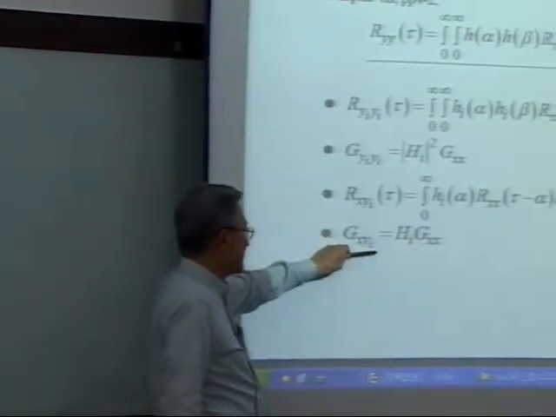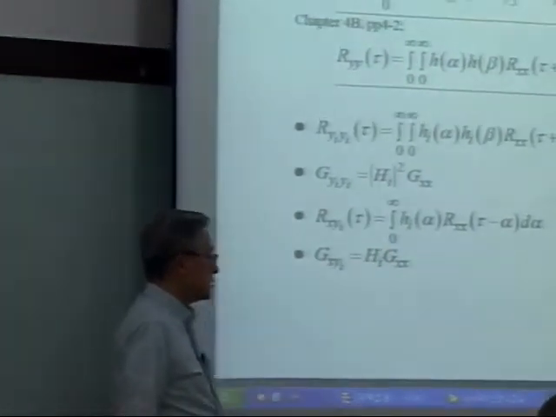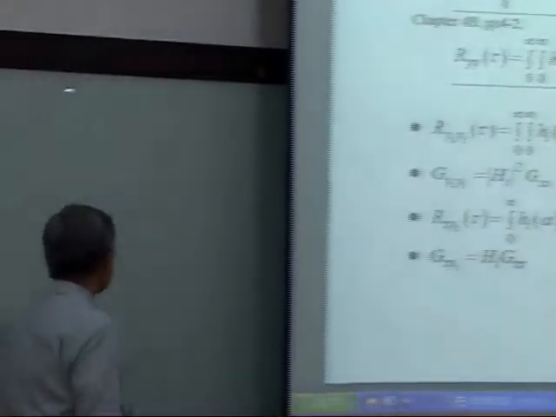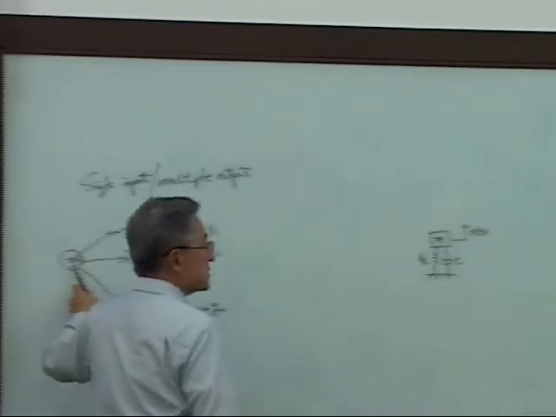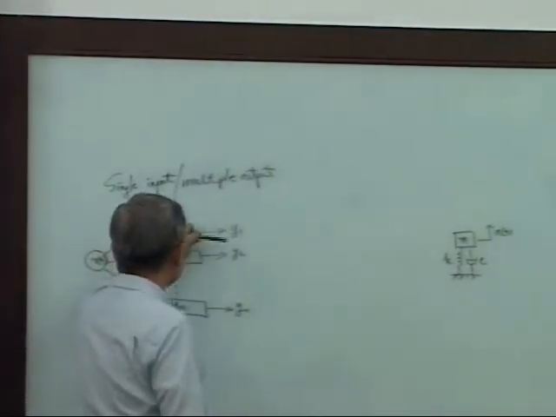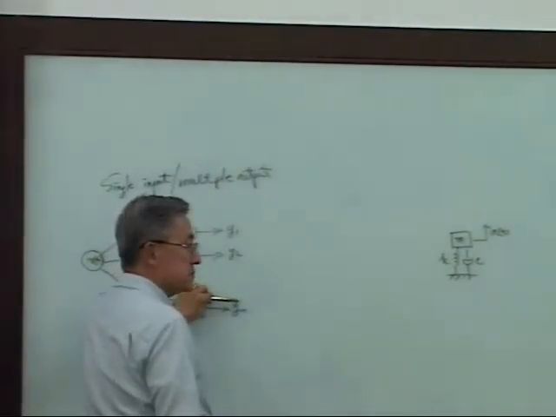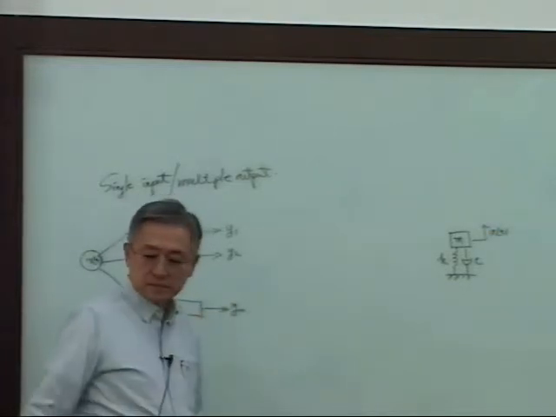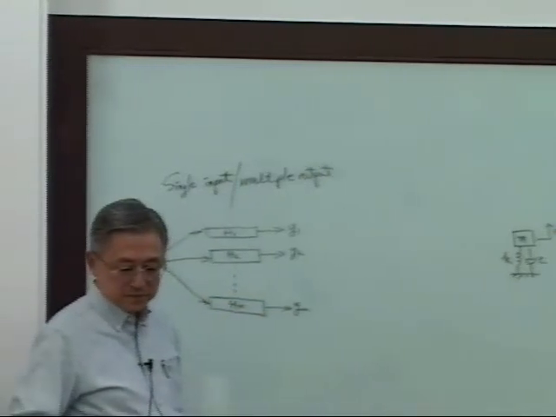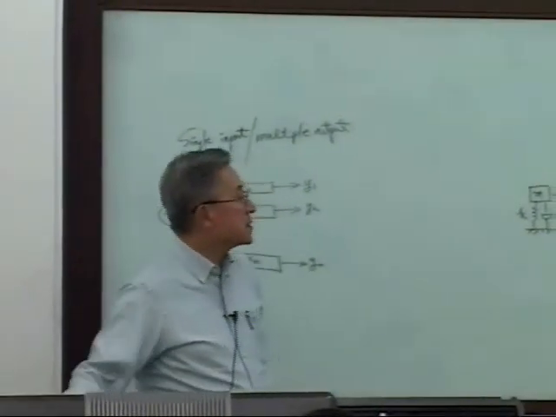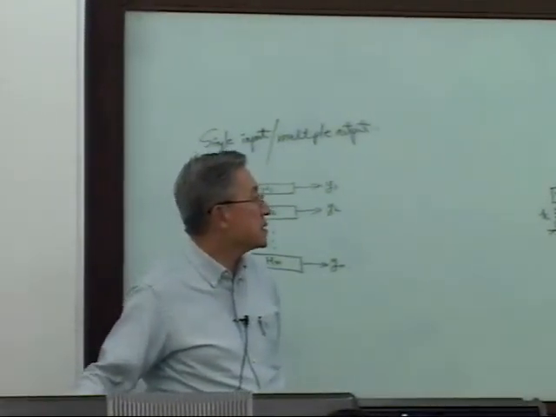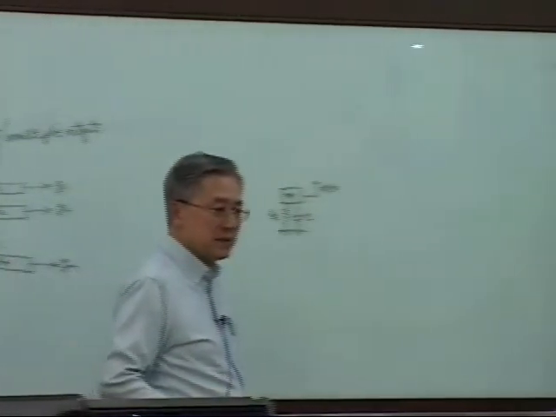GXYi, Hi, Gxx. So, single input, multiple output. So Ryiyj.